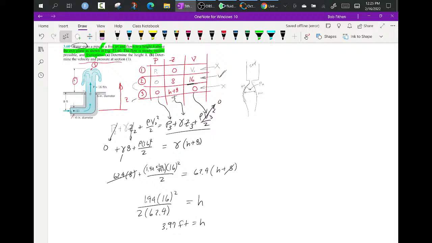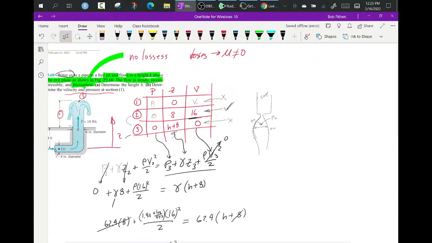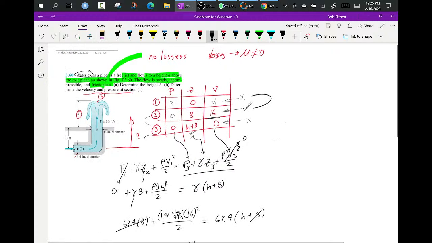Now, how do you deal with the pressure between 1 and 2? Okay, so here's what I mean. Let me get rid of the dye swell. So now I'm going to write between 1 and 2. And in here, I'm going to try to diagnose what the pressure and what the velocity is.